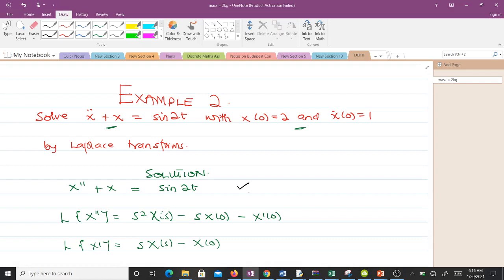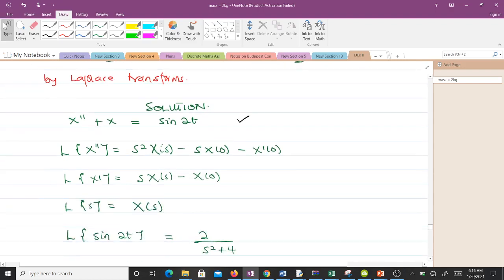So the first thing we have to do is to make transformations, right? Using the Laplace transform, we have to find the Laplace transforms of the derivatives and of the function. So the Laplace transform of x prime prime is this. That of x prime is this. And that of x is this.